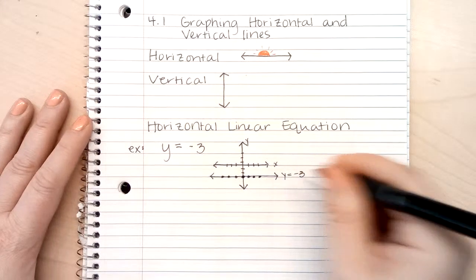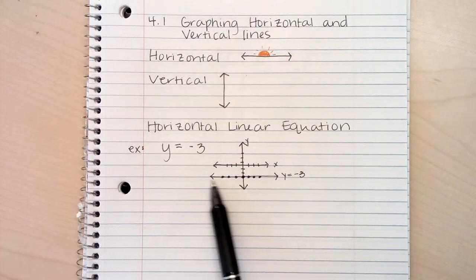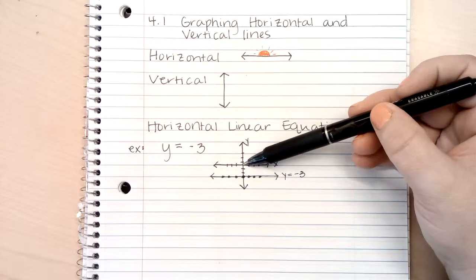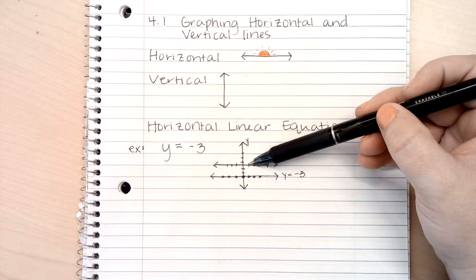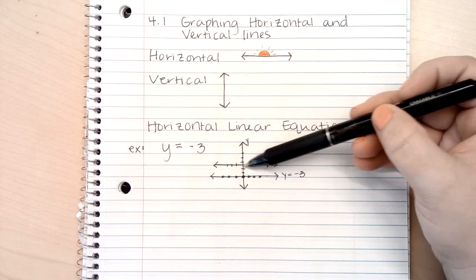So what that means is y is always -3. That's why it's this straight horizontal line going through -3 on the y-axis, okay? So whether x is 0, y is -3. When x is 1, y is -3. When x is 2, y is -3.